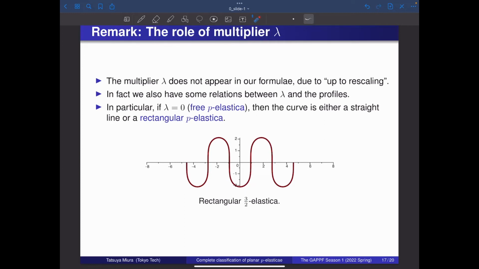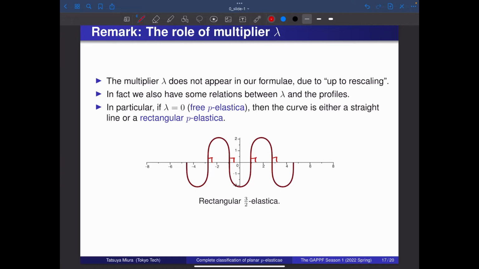The rectangular elastica is a classical notion, and there is a canonical extension of this notion, which we call rectangular P-elastica. And the rectangular P-elastica means that it is a unique wave-like P-elastica with the property that the curve intersects the x-axis at a right angle.